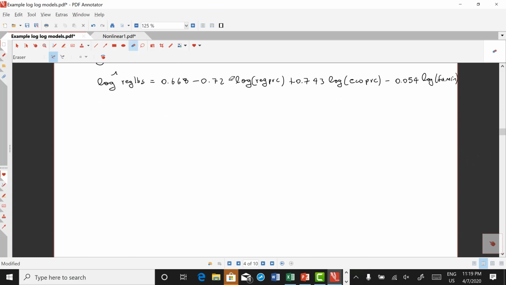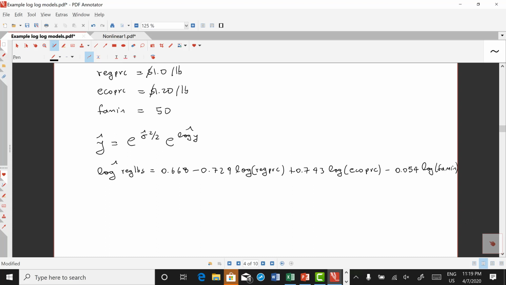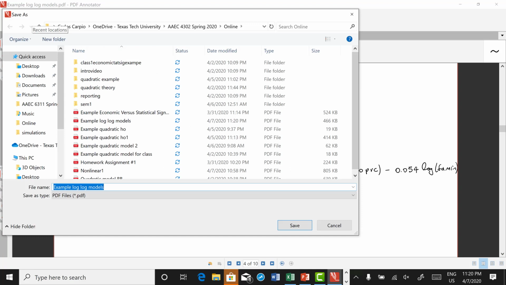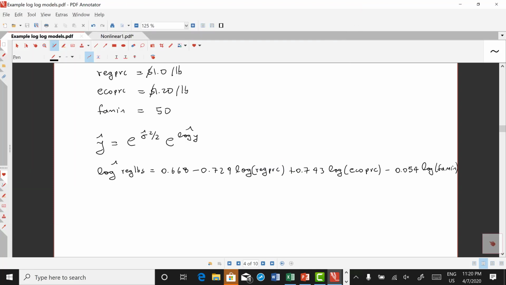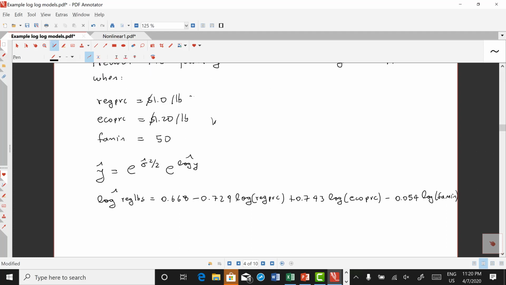Okay, so let me write this nicer. And we have to plug in these values that we had. So we had the regular price here, the eco-label price here, and family income should go here.